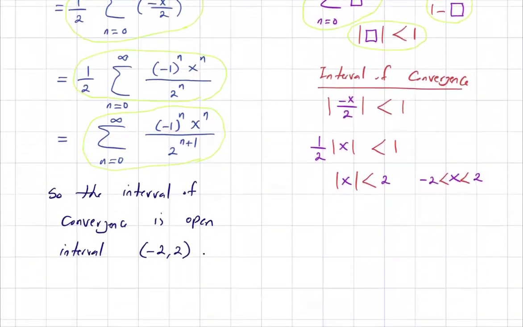For the interval of convergence, just take the quantity, find its absolute value, and set it less than 1. You have a half times absolute value of x less than 1, or absolute value of x less than 2, so x is bounded between negative 2 and 2, or the interval of convergence is the open interval negative 2 to 2.